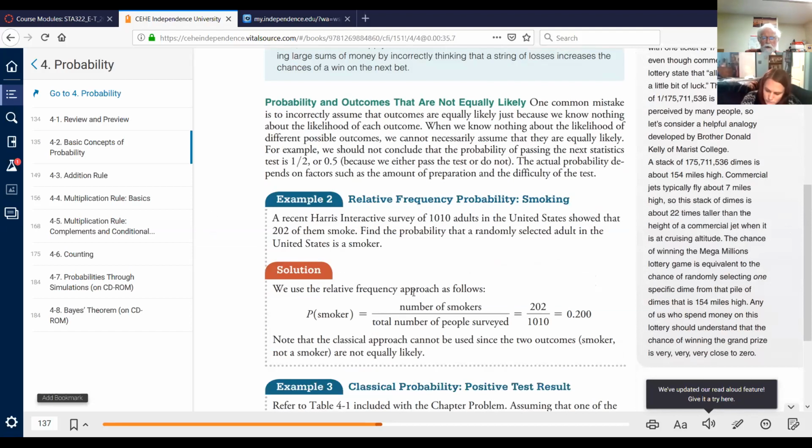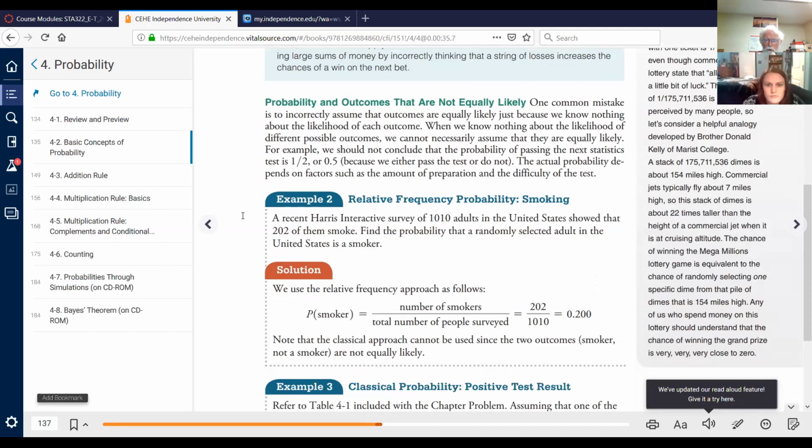We can't look at things, if we want to assume that outcomes are equally likely, we need to have a basis for that.